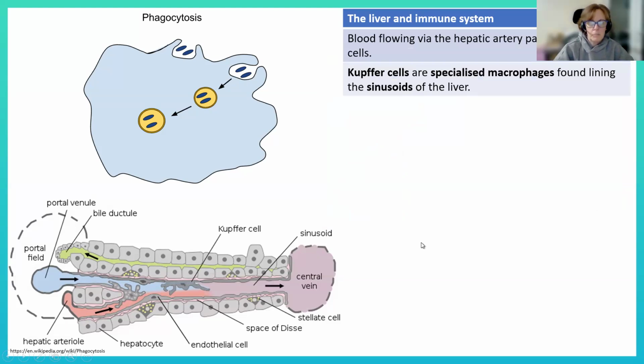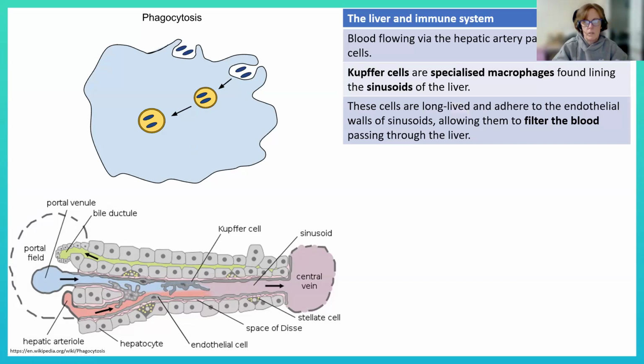And we've got these specialized macrophages right here mixing with the blood. You can see the structure of the macrophages where they've got those pseudopods, as we called them last week. You can see them clearer here, but they can go out and engulf these pathogens.